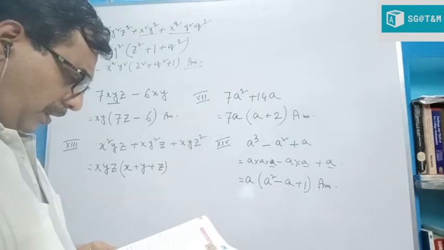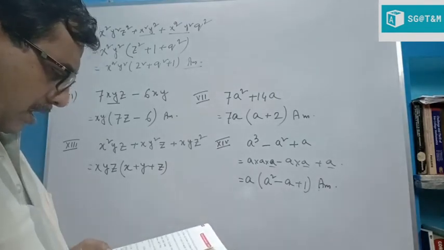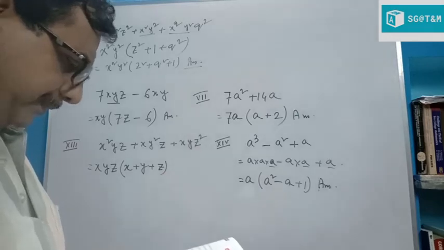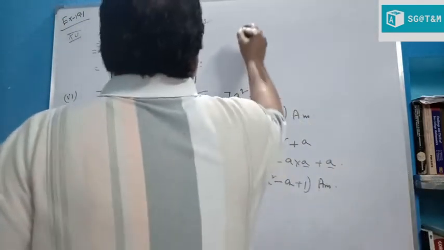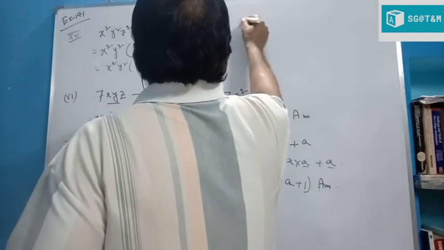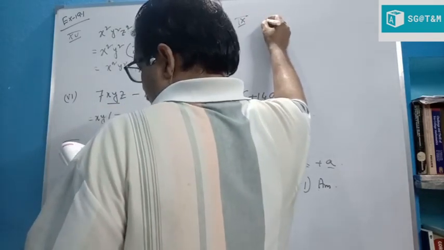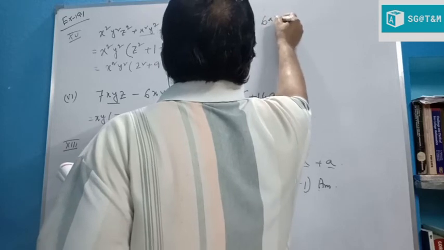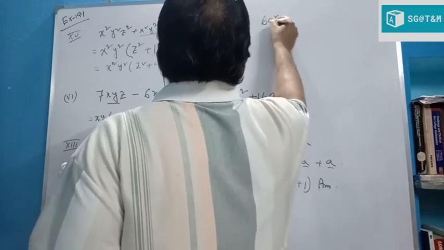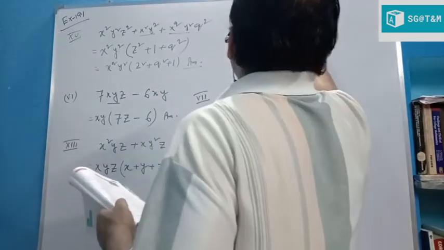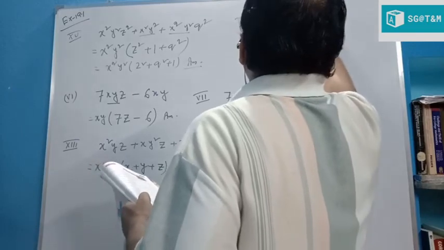So your classwork: again, I give you a classwork. Questions 9, 10, 12. Question number 9 is 6a square b plus 8ab square.